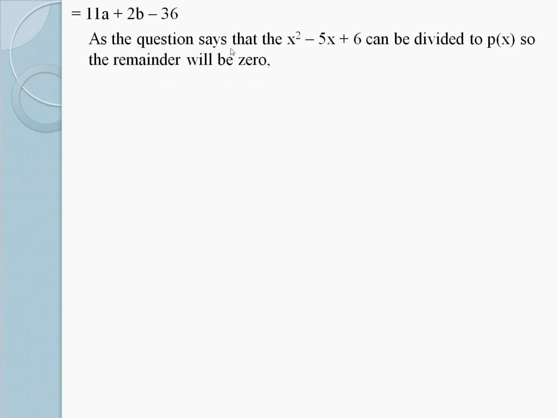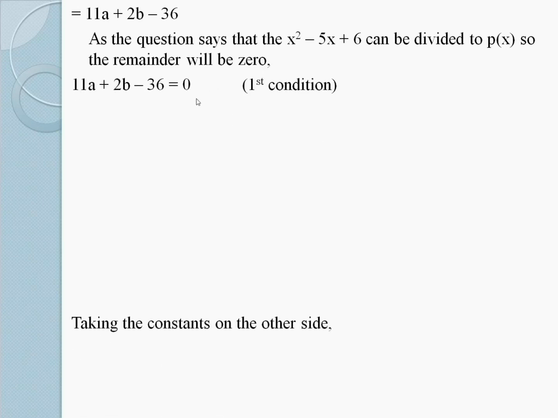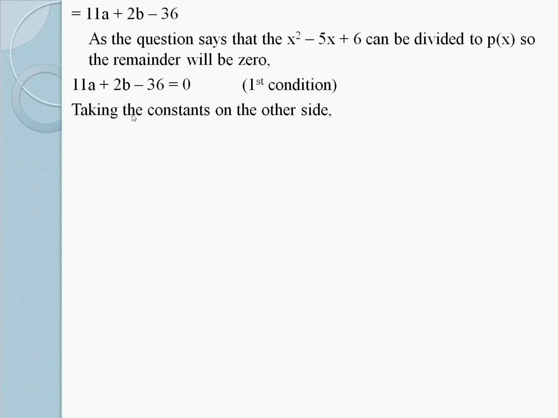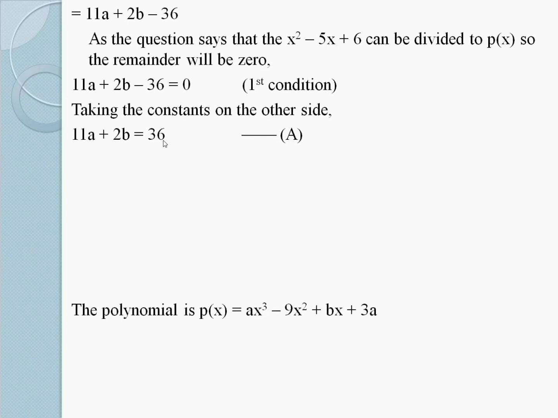As the question says that x square minus 5x plus 6 can divide p of x, the remainder will be 0. 11a plus 2b minus 36 equals 0, first condition. Taking the constant on the other side, 11a plus 2b equals 36.